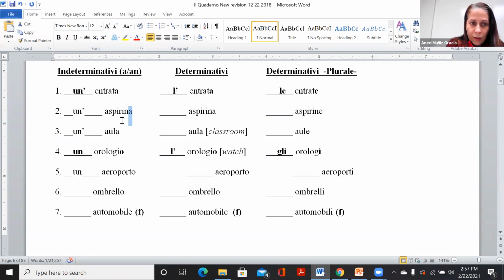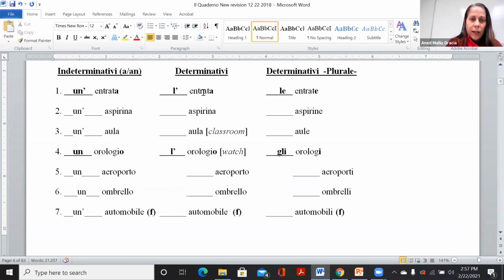Look at the ending. And the assumption you can make is if it ends in O, it's masculine. If it ends with A, it's feminine, unless you're told otherwise. And if it ends in A, at least on these few pages, we tell you. So you know, oh, feminine noun, un apostrophe, right?